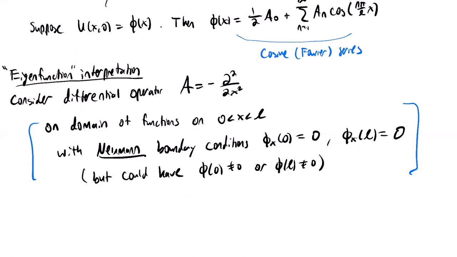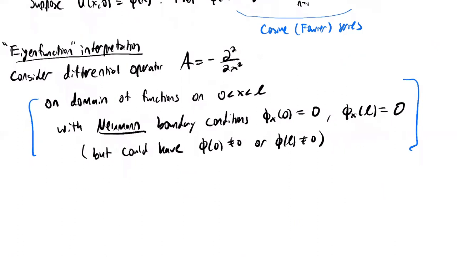And so, for example, recall that for this operator A, we looked at these functions sine of n pi over L x, which we called Vn of x. It's certainly true that if I apply A to these functions, we saw that you get something like the eigenvalue formula.